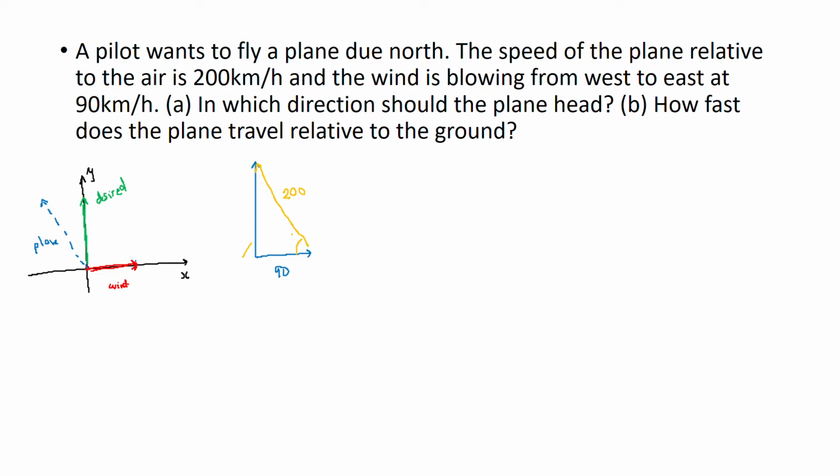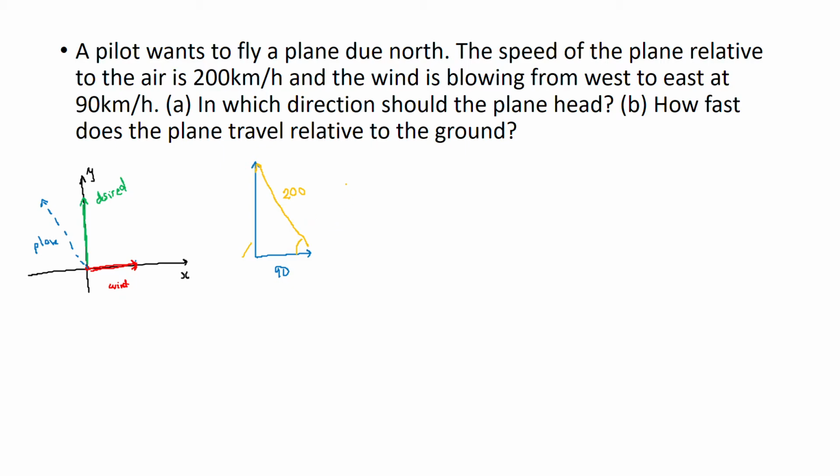Okay, so for doing this, we need to use a trigonometry property. We have the adjacent side and we have the hypotenuse. So from here we can do something called arc cosine.